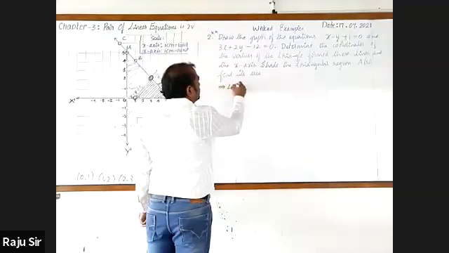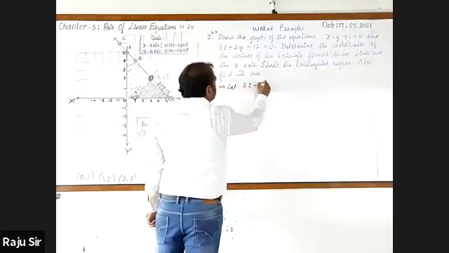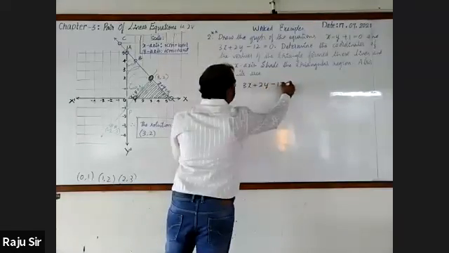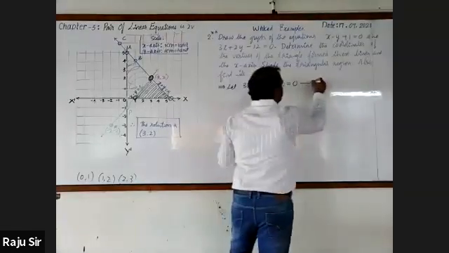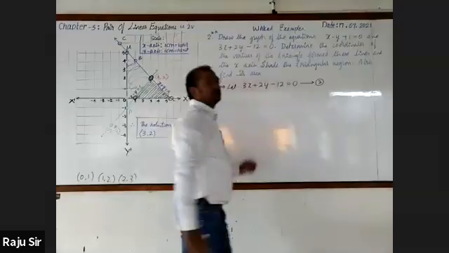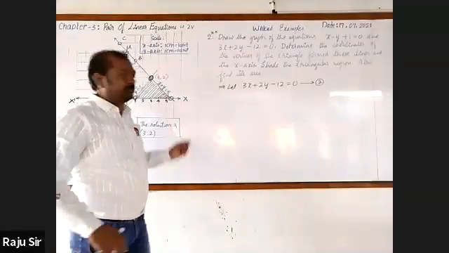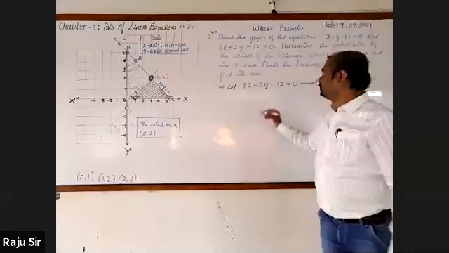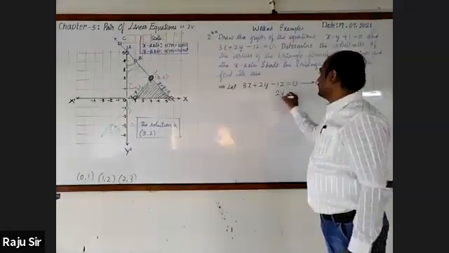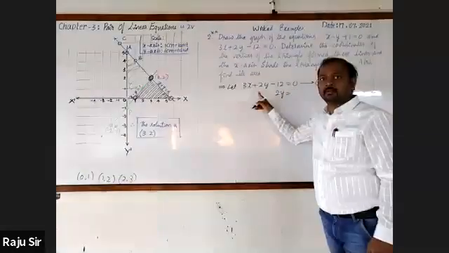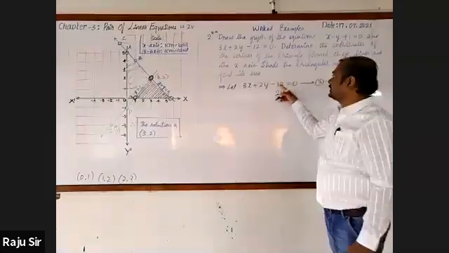Let 3x plus 2y minus 12 equal to 0. I call it the second equation. In this, we have to solve for y. So I'm writing 2y on the left hand side as it is. This is the y term. Transfer the remaining to the right hand side.